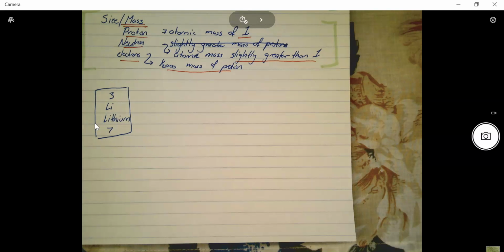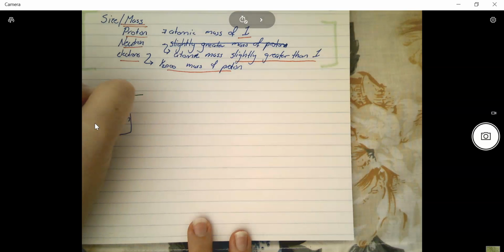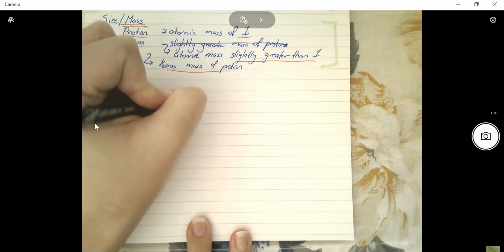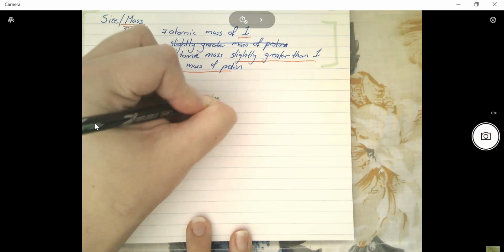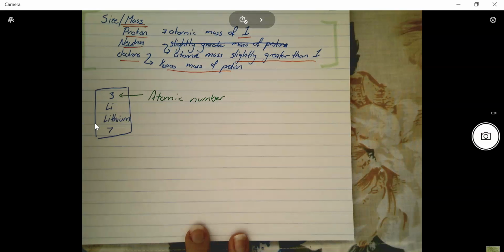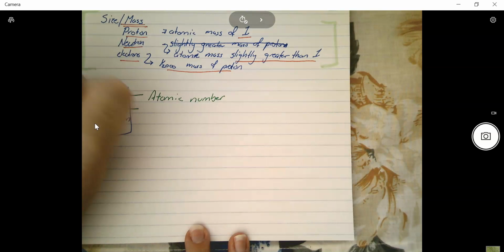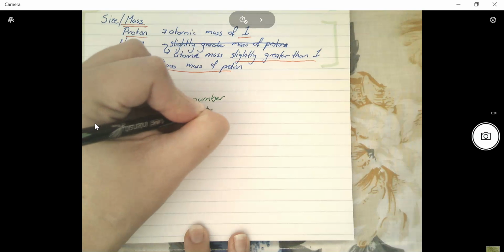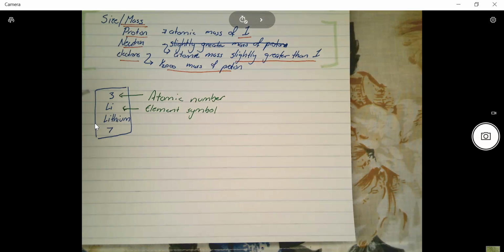So the number at the top is called our atomic number. Here for lithium, its element symbol is Li. You'll notice with element symbols that if there are two letters, the first letter is a capital and the second letter is lowercase.